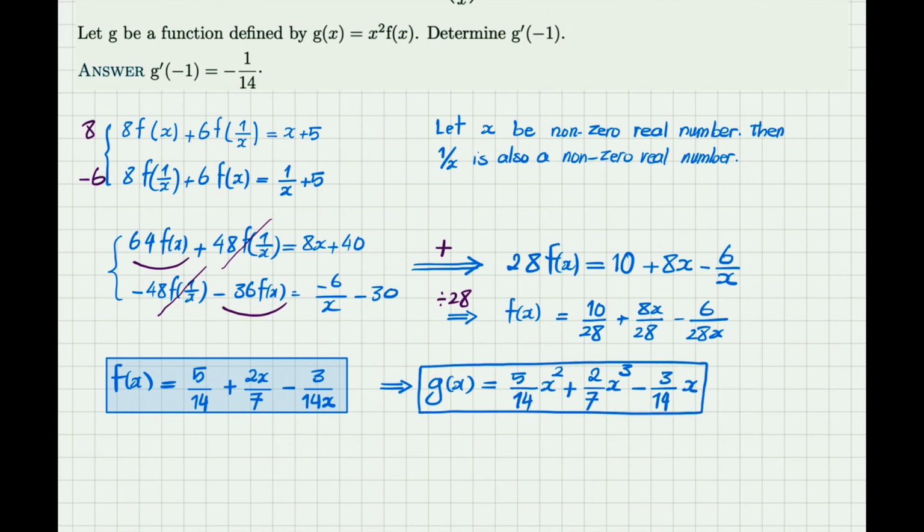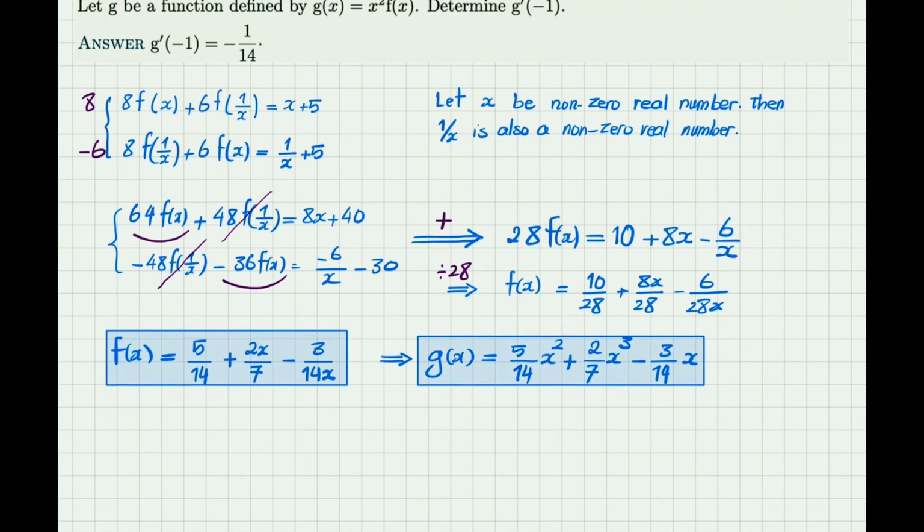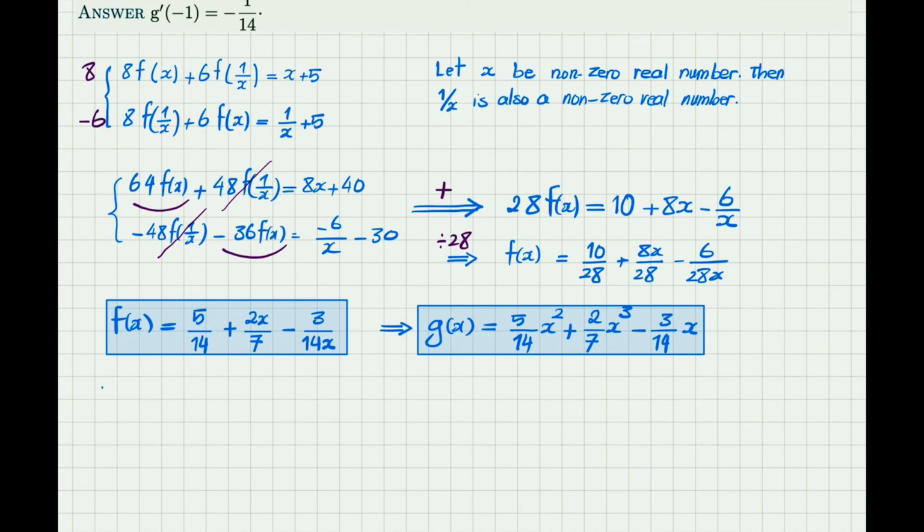But then it is a very simple function that you can differentiate. This is just a polynomial function, so I would say therefore g prime of x is equal to, I have 5 over 14 as a multiplicative constant. The derivative of x squared is simply 2x. Then I will have 2 over 7.